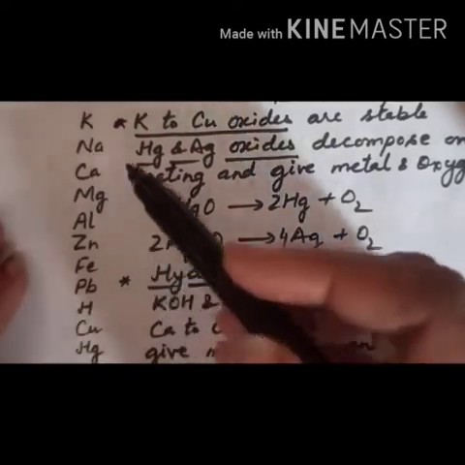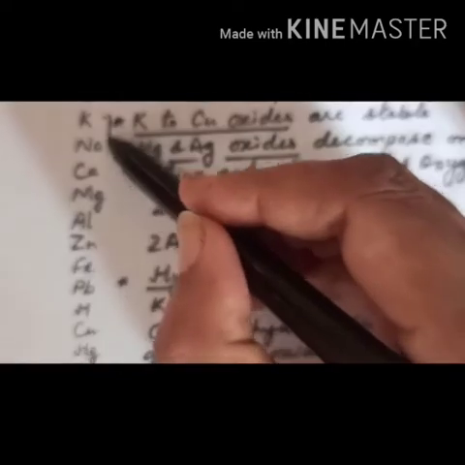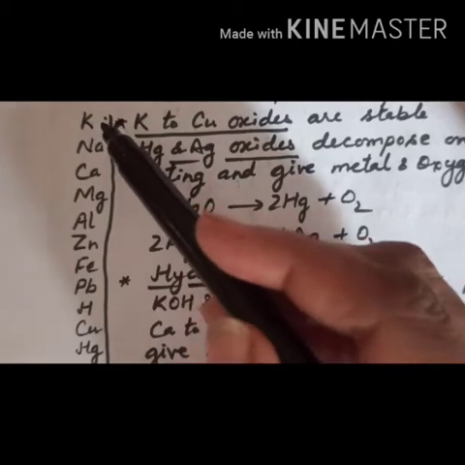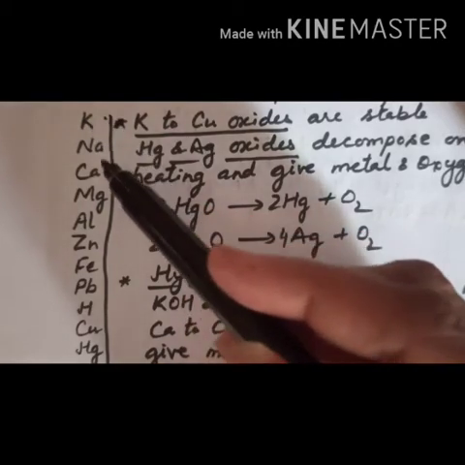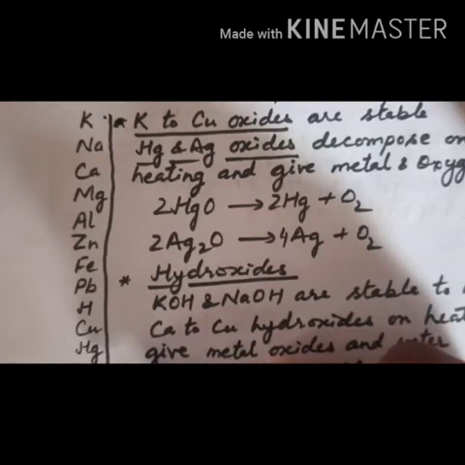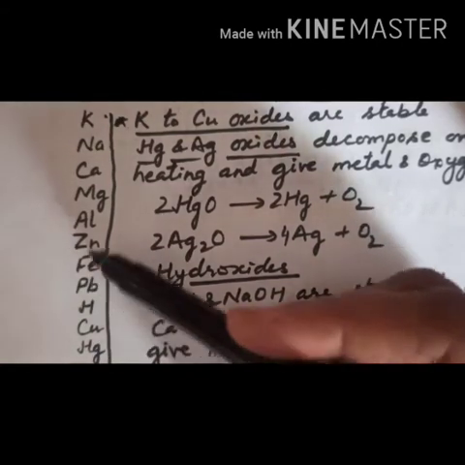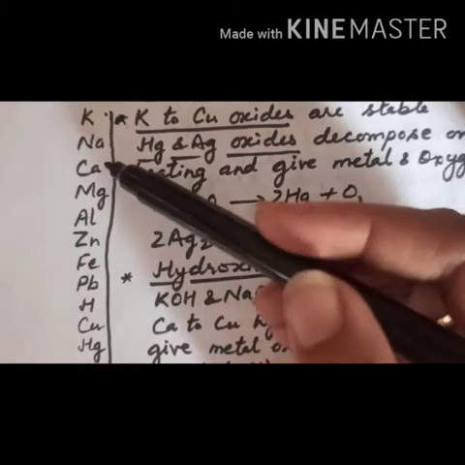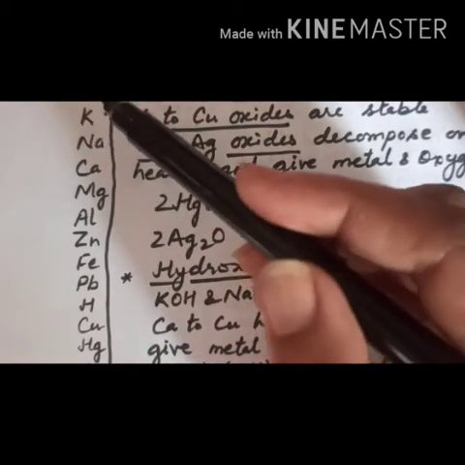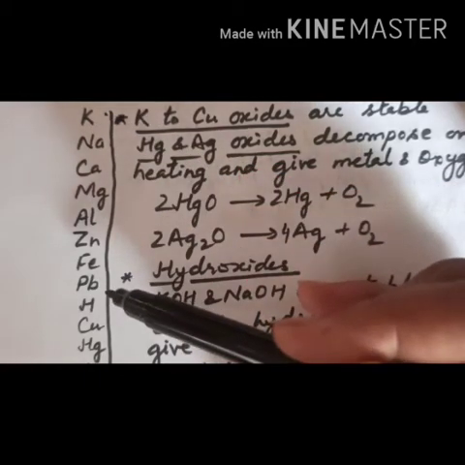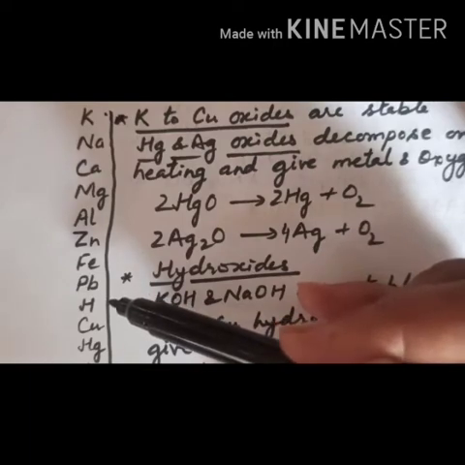It starts with potassium, then sodium, calcium, magnesium, aluminum, zinc, iron, lead, hydrogen, copper, mercury, and silver. These metals are arranged according to their reactivity in a sequence, and that is called the metal activity series, in which the metal at the top is highly reactive, the most reactive, and the metals at the bottom are least reactive or unreactive.